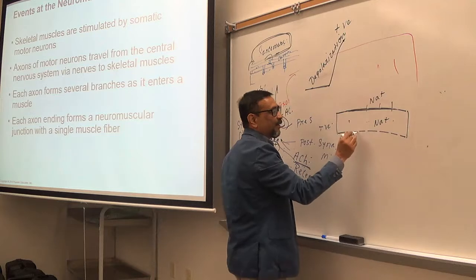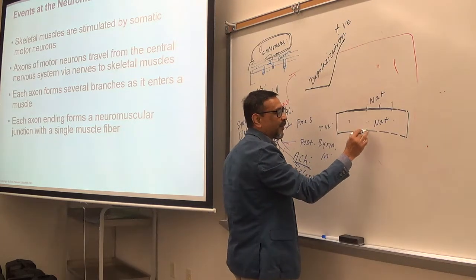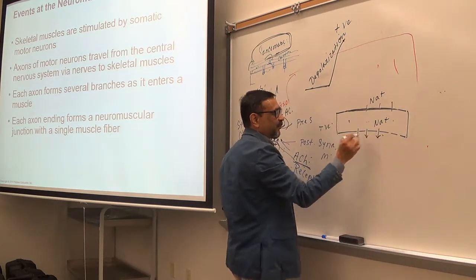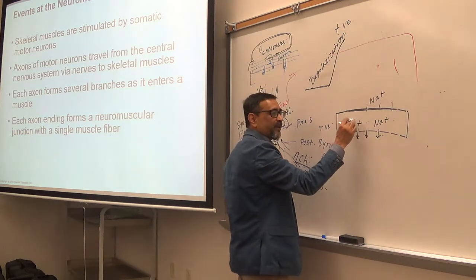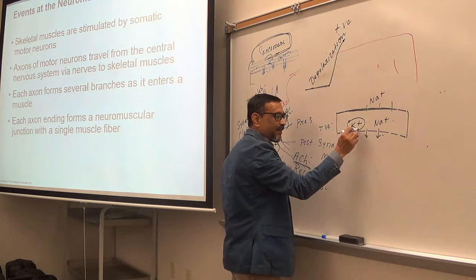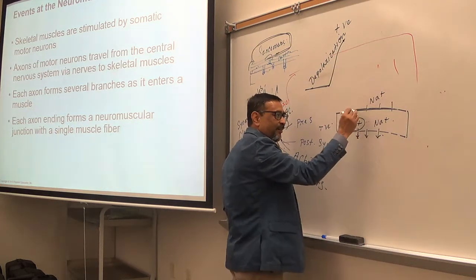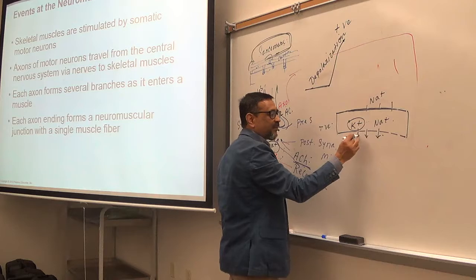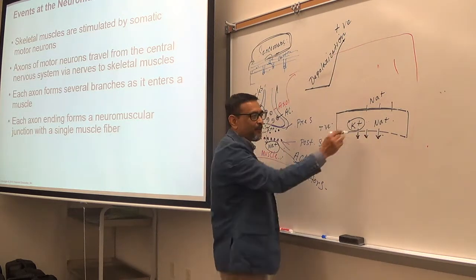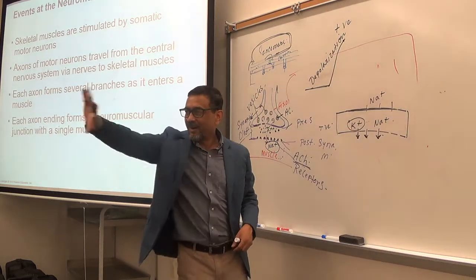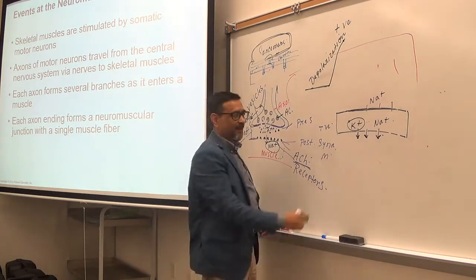Next, what will happen? Another type of channel will get opened, and that is the potassium channels, and that will let the potassium get out. Remember, potassium is also positive. Now what is happening next? Sodium channels are getting closed, potassium channels are getting what? Opened, and potassium efflux outwards, getting out.